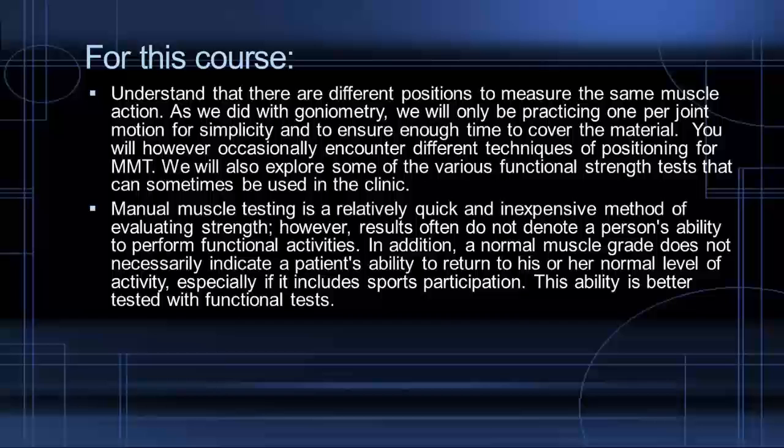Although you're not testing against gravity for the hamstrings in that case, you're overcoming the lack of gravity by putting a little more strength into it. So there are other ways that we can test if there's some reason why you don't want to have the person switch positions a bunch of times. So it's a pretty quick way to screen things.